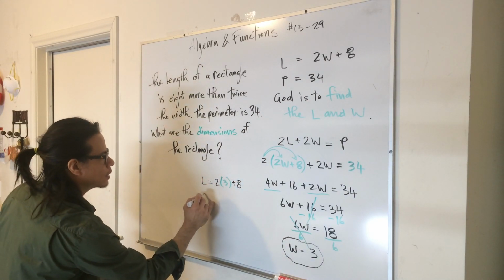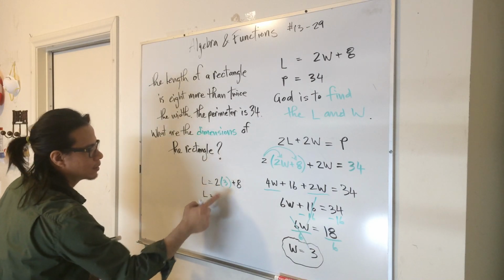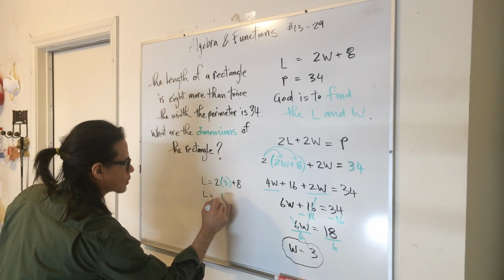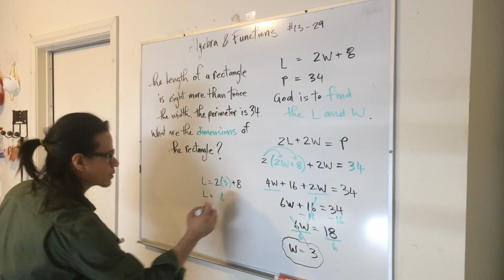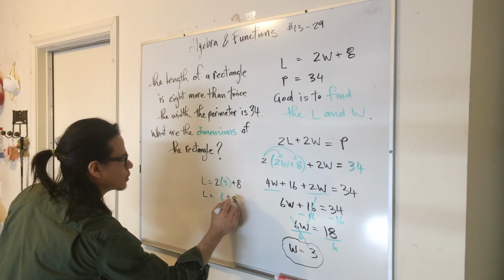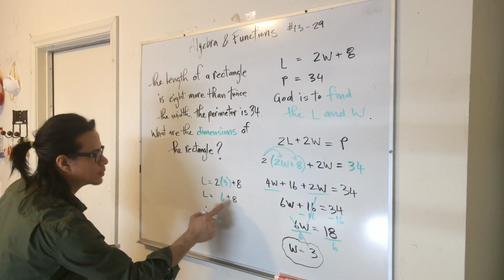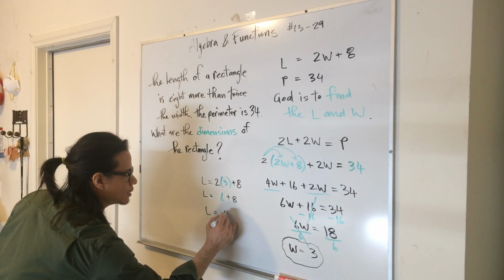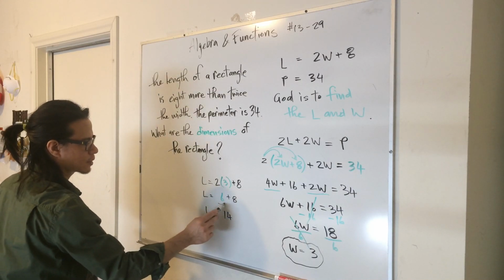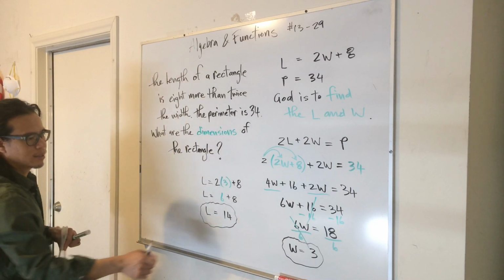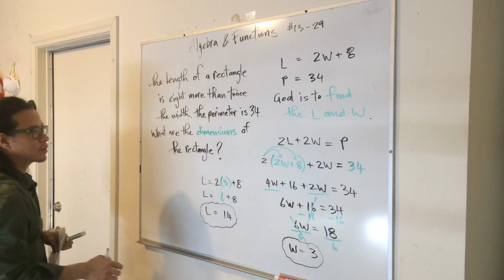Okay, so length is equal to 2 times 3 is 6 plus 8. Right? So ultimately, our length is equal to 6 plus 8 is 14. Okay, so the width of this rectangle is 3 units, the length is 14 units.